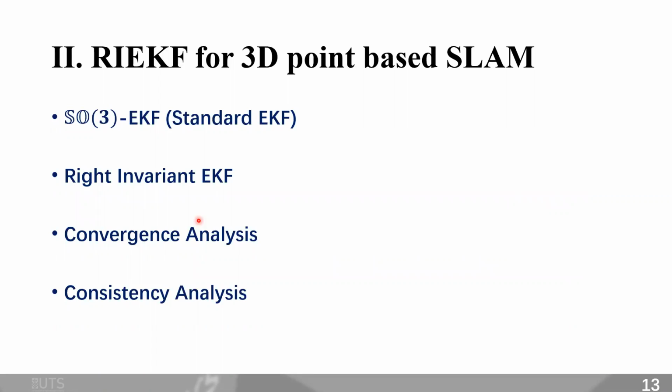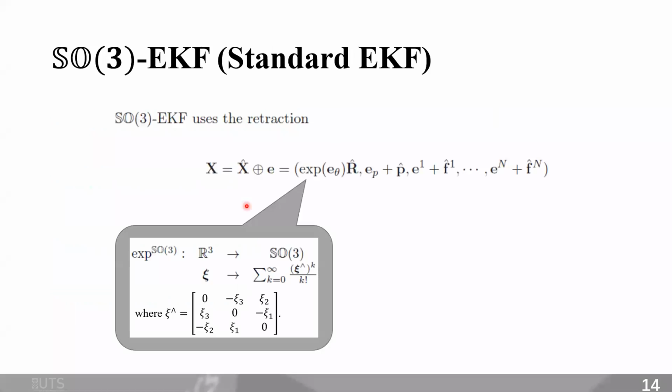In this section, standard and right invariant EKF will be introduced, and then convergence and consistency will be further analyzed. As we discussed in the previous section, the retraction will determine the linearization approach. The retraction in SO3 EKF is very simple and seems natural.